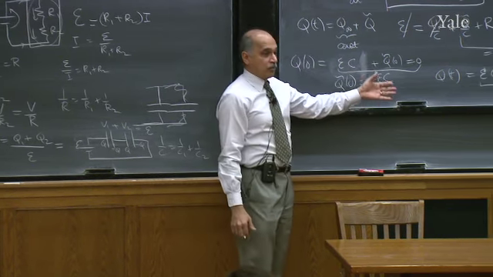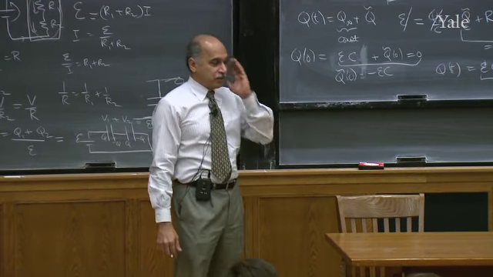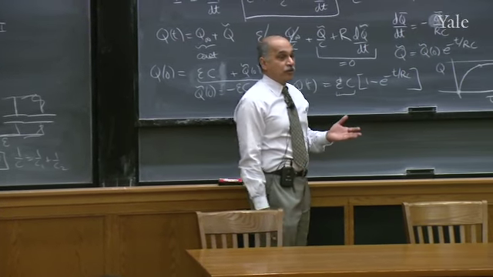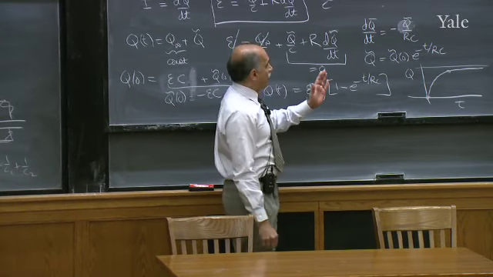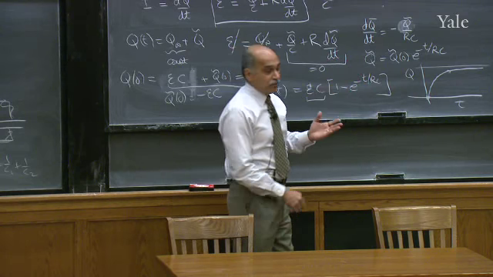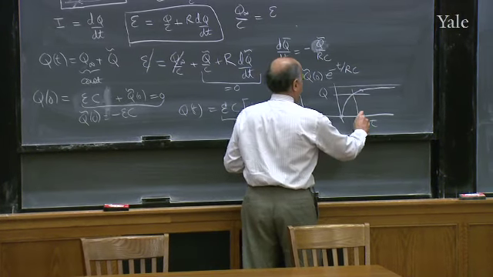Here's a nice prediction of what will happen as it charges up. For example, you may want your capacitor to hold 80% of its maximum charge, and you may like to know how long you should wait. If you want it to hold 100% of the maximum charge, it's never going to get done. So you pick some number. If you want 75%, the equation tells you how many seconds you wait.